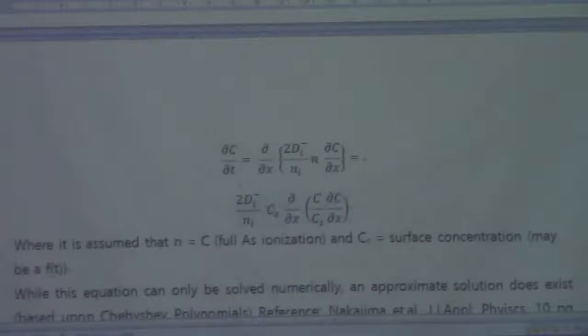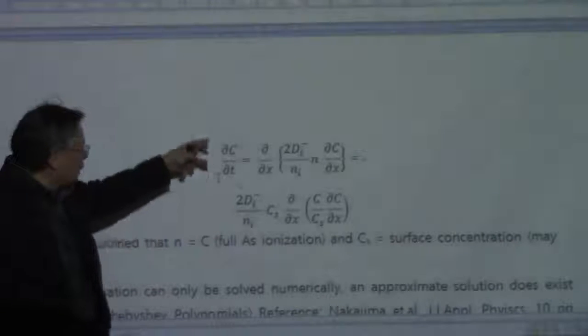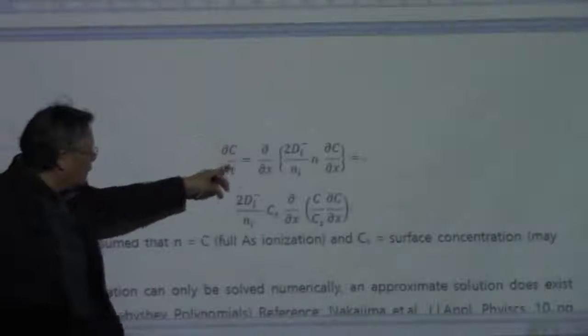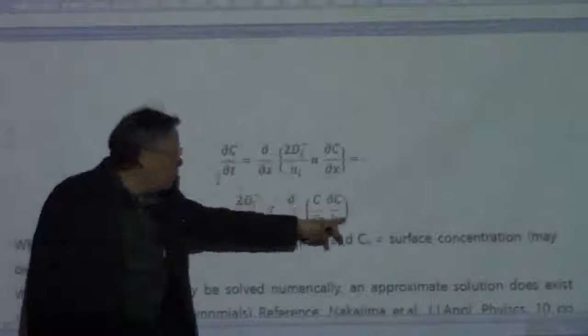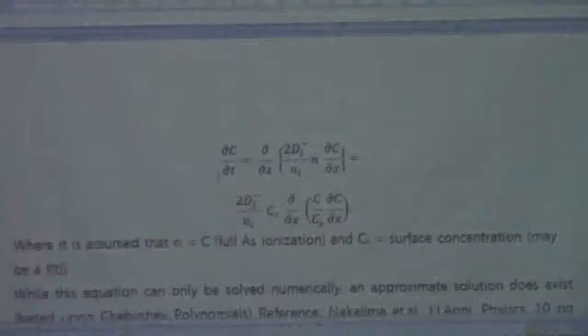We can set the profile, the equations that we have to solve. This is Fick's second law actually, and this diffusion profile is going to be represented by these equations here.